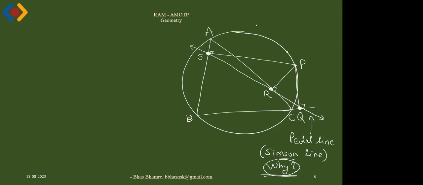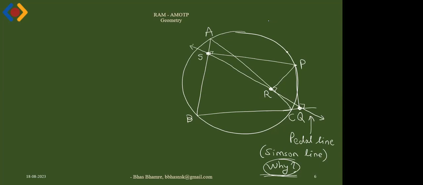Shreyan also wants to say something. Yes, Shreyan. It would be better, instead of proving SRQ collinear, to show that the point that is the intersection of SR and BC makes a 90-degree angle with P. I didn't get that, can you repeat it?